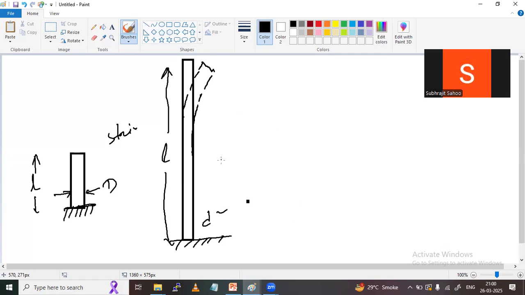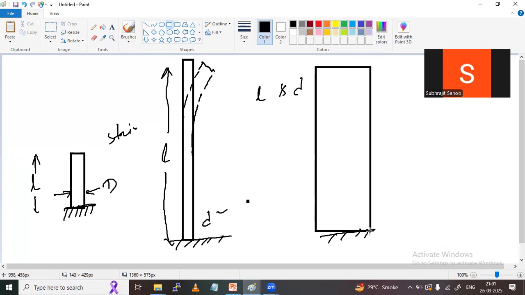To avoid this kind of bending, I should choose a proper ratio of L and D. Then only the problem can be solved. The solution is, suppose I want a big length, then the diameter also should be big in the proper ratio of the length. Then only the bending will be avoided, right?